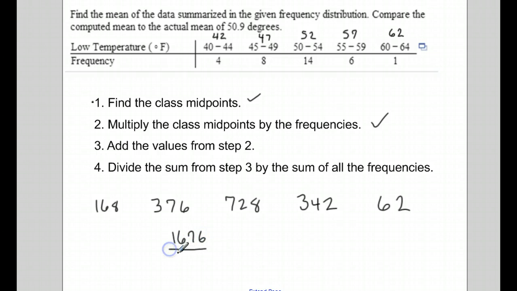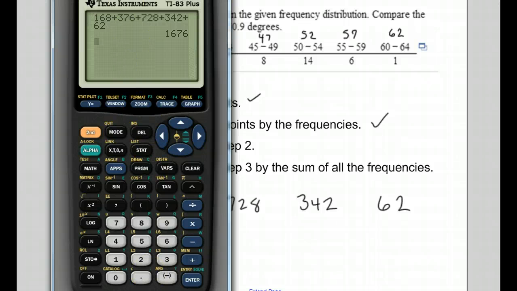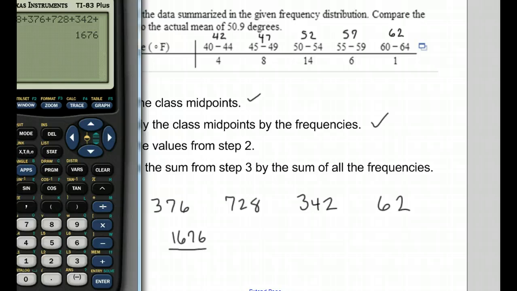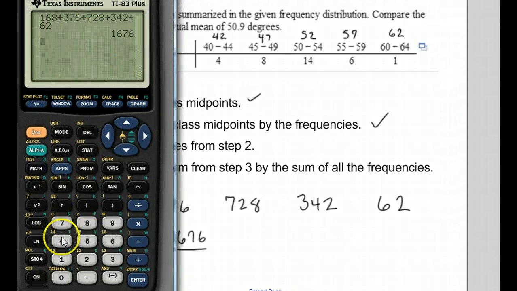And then I'm going to divide that by the sum of the frequencies. The sum of the frequencies are these values: 4, 8, 14, 6, and 1. So 33.